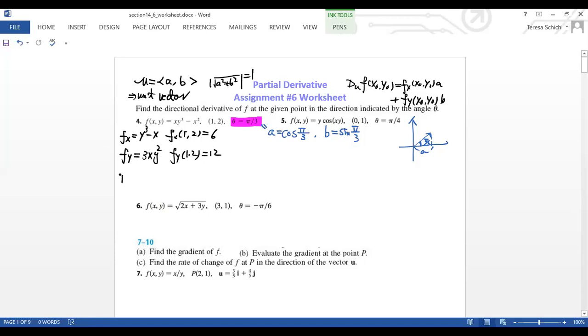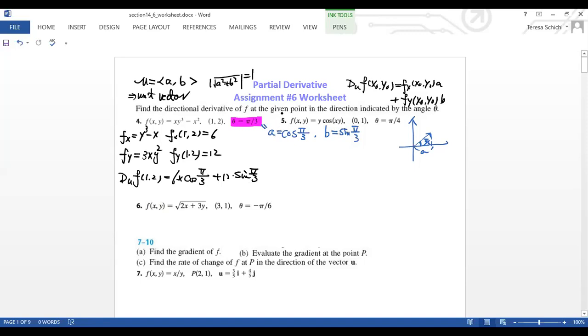Now we can use our formula for the directional derivative. So Du f at 1, 2 is equal to fx times A. A is cosine, so it's 6 times cosine pi over 3, plus 12 times sine pi over 3.